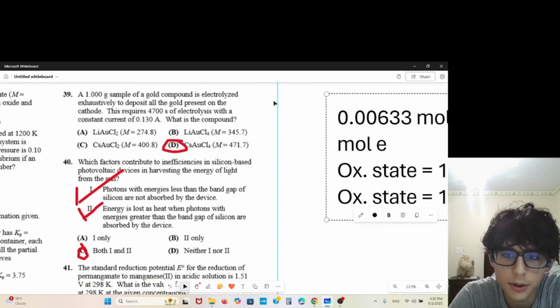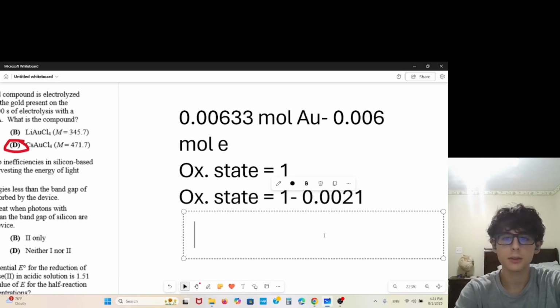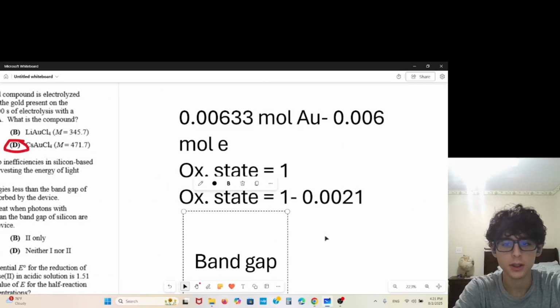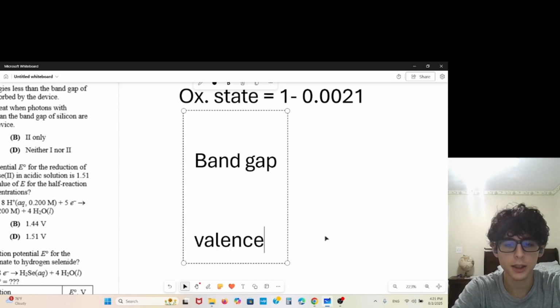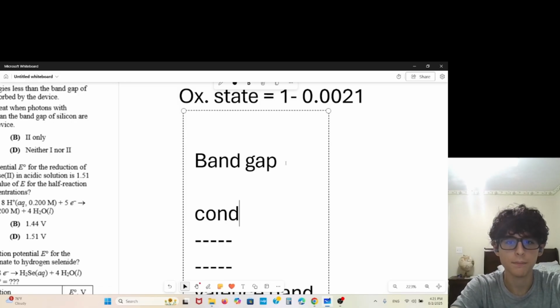So silicon is really common. It's used in semiconductors, photovoltaic devices. They work like that, right? So there's something called, let me explain this, a band gap, which is between your valence band and your conduction band.